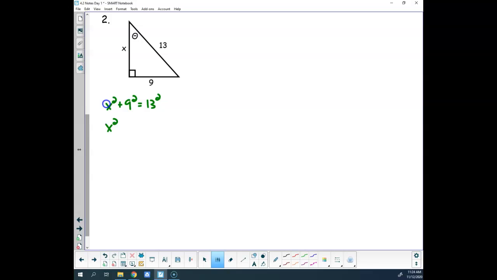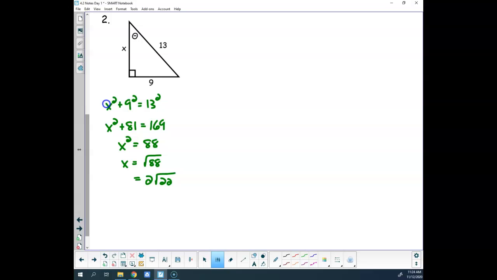So I got x squared plus 81 equals 169. So I got x squared is 88. Yep. So then I get x here as the square root of 88, which is going to be 2 square roots of 22.